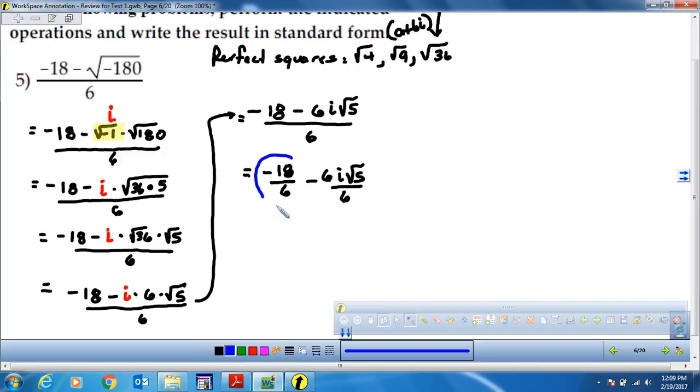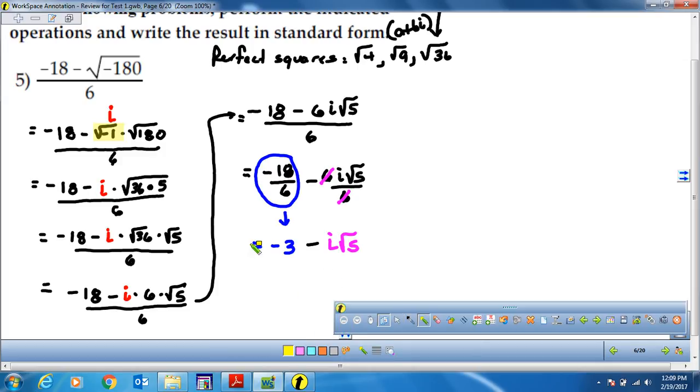So again, negative 18 divided by 6 gives me a negative 3, and minus 6i square root of 5 divided by 6. 6i divided by 6 cancels out the 6's, so that gives me I times the square root of 5. And so forth. We got the solution for this in the form a plus bi would be negative 3 minus I square root of 5.